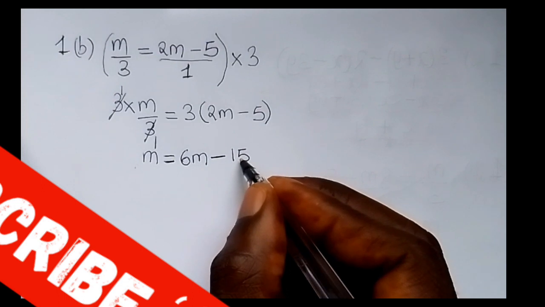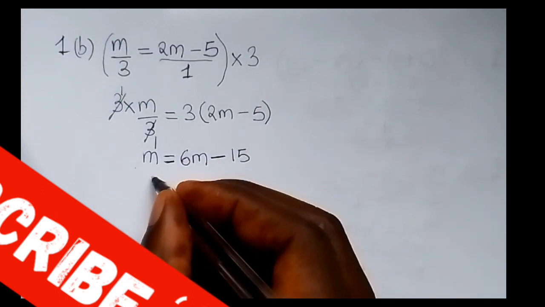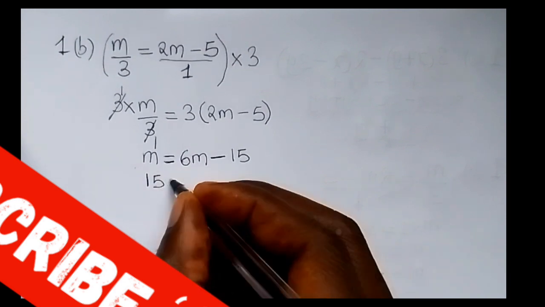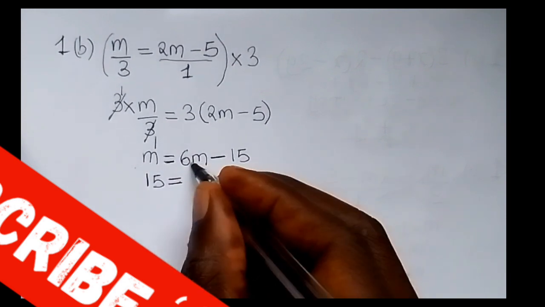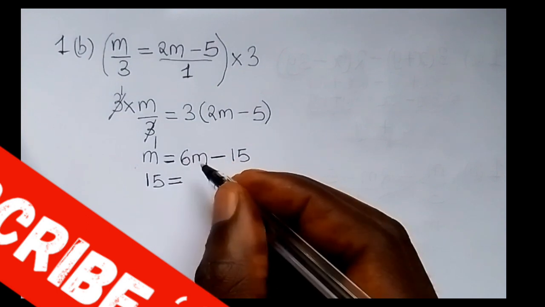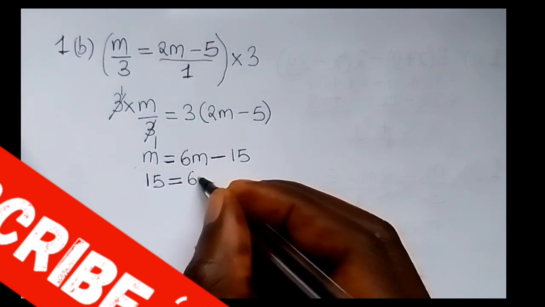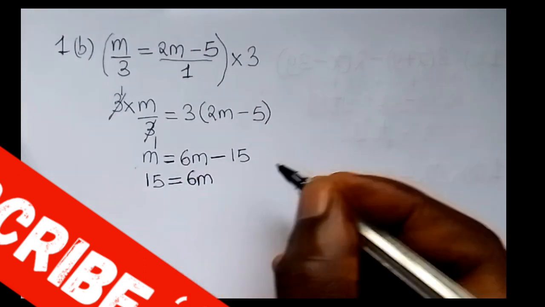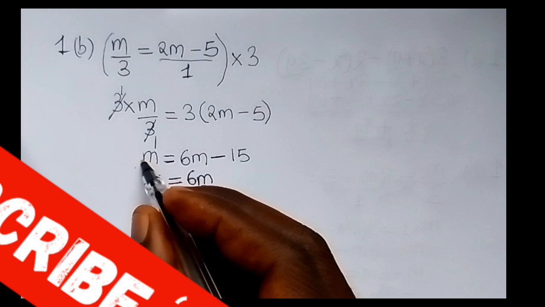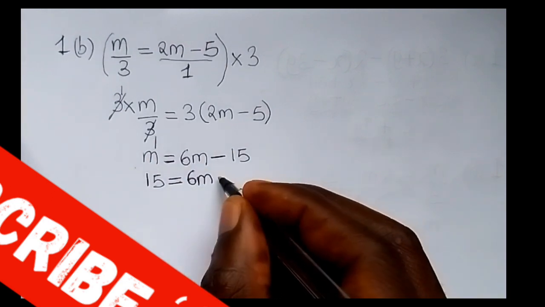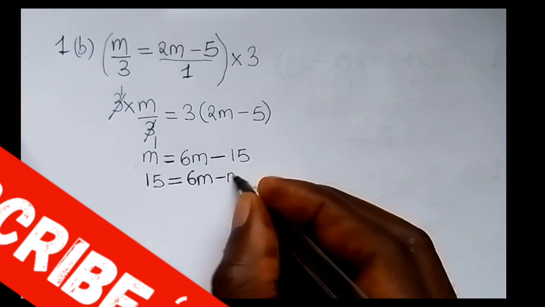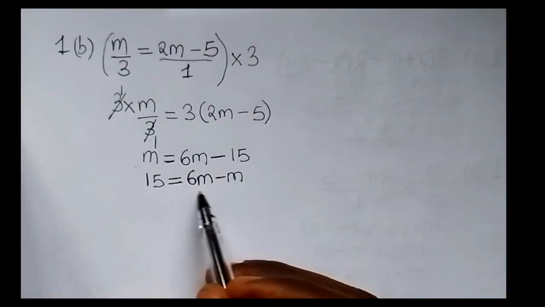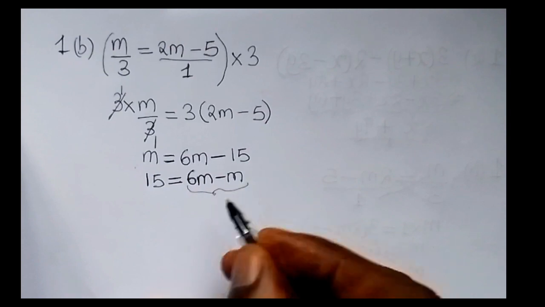Moving 15 to the left side means this becomes a positive, and this equals 6m. 6m will maintain its sign since it hasn't moved, so this is positive 6m. And m is positive, so when it comes to the right side, it is minus m, or negative m. This means we just have to subtract these two.